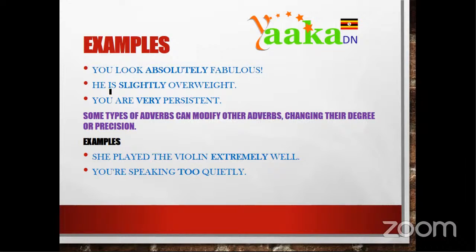What is the adverb in the second sentence, in this sentence that I have underlined? Okay, Hope is saying he. Any other person? By show of hands, you can also raise your hand and tell me the answer.